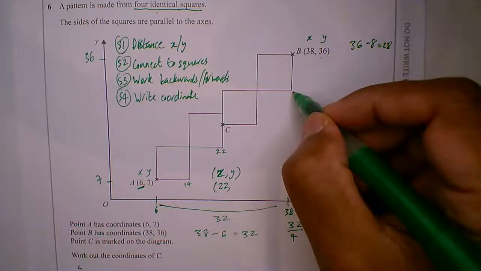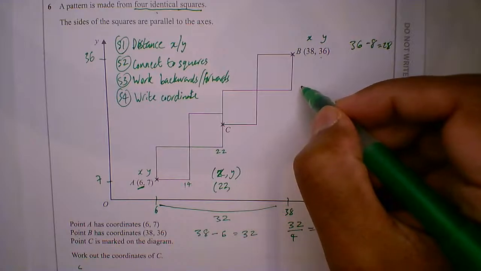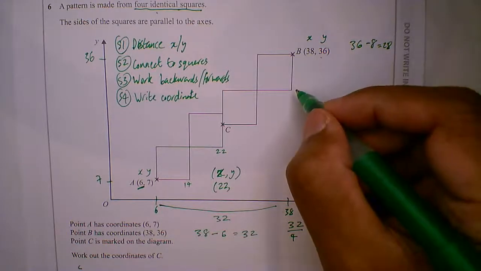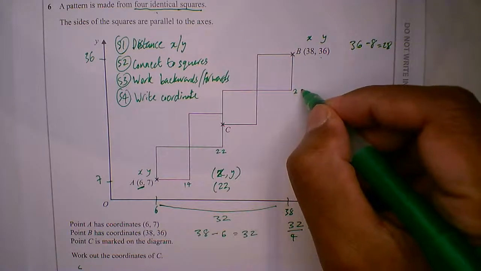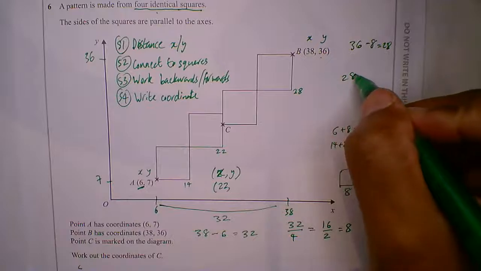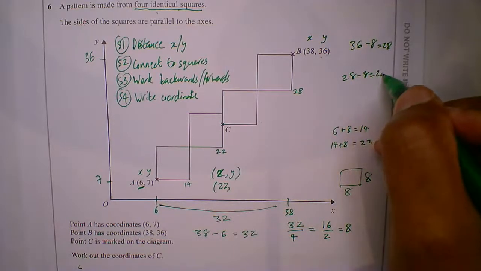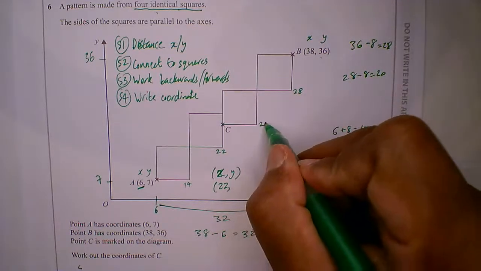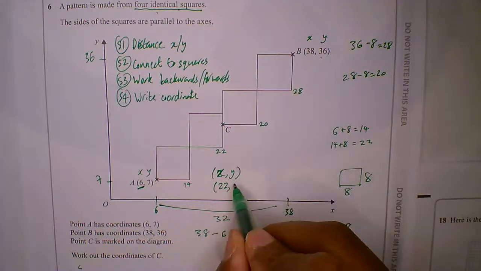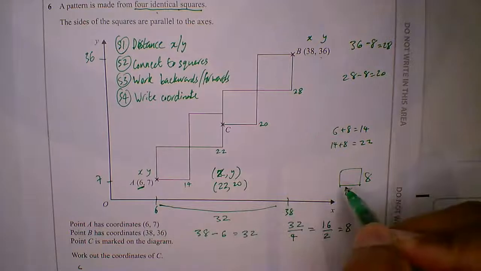So this one here is 28. And then I'm going to take away another 8. So 28 take away 8 gives me 20. So this is now 20. Hold on a second. This is the same across here. So this is my y coordinate, 20.